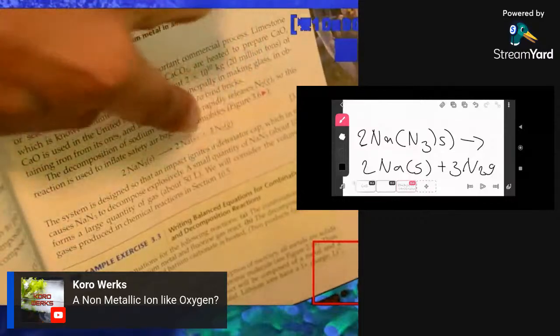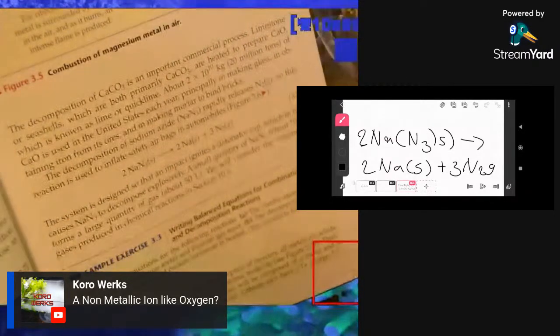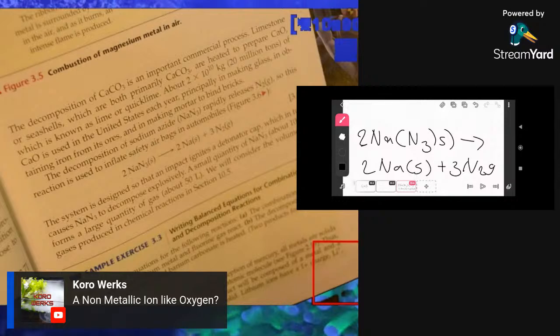Okay. The system design. The decomposition of sodium azide rapidly releases N2 gas, so that reaction is used to inflate safety airbags in automobiles.